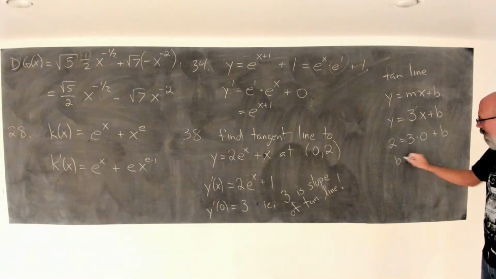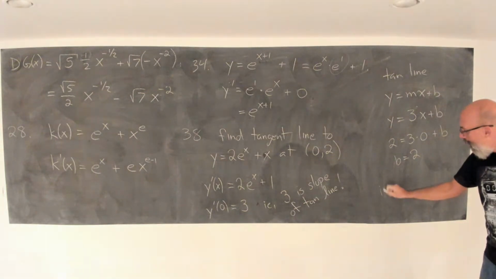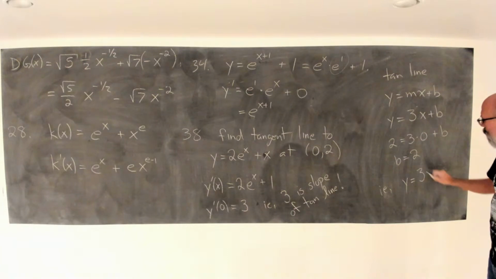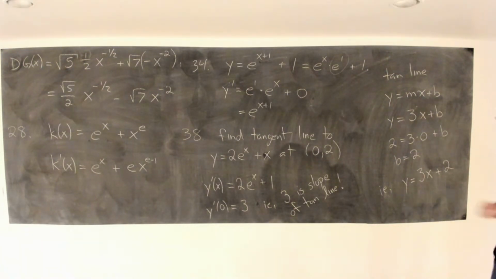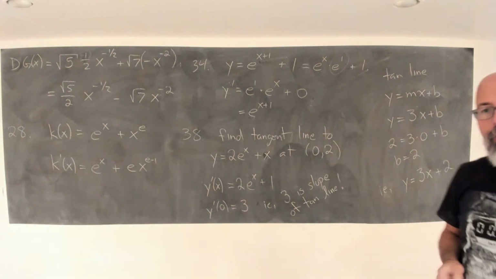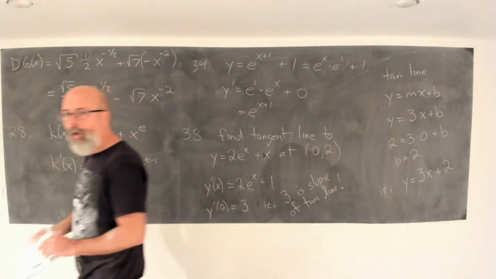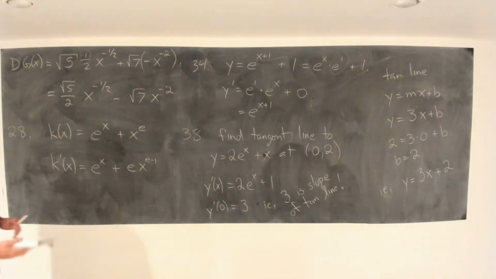So it's easily seen that b is 2. And if we put everything together, y equals 3x plus 2 is the equation of the tangent line.